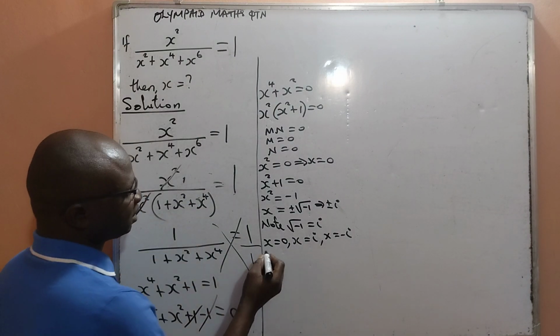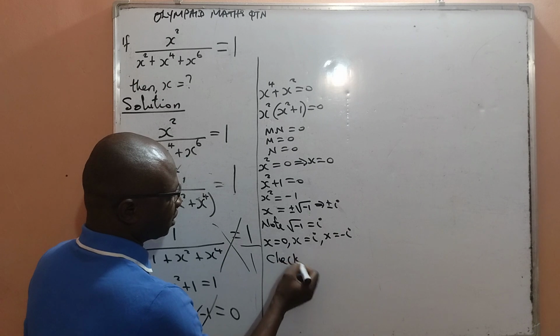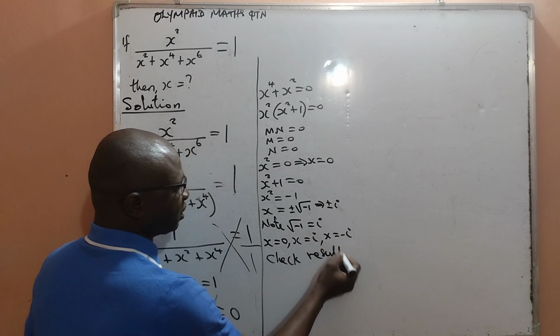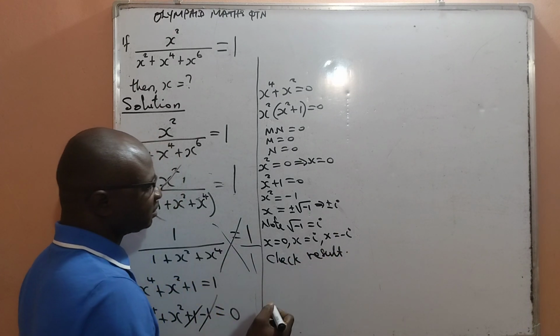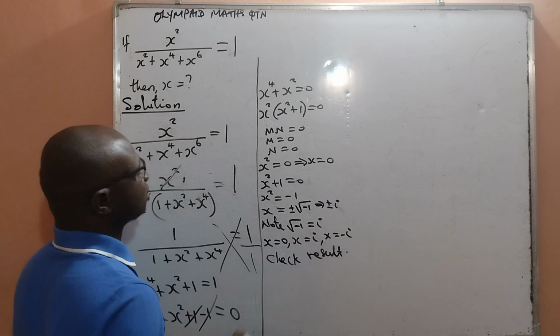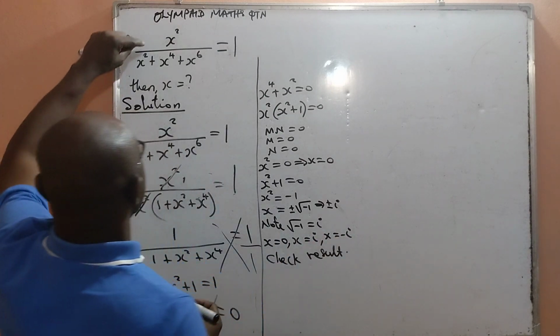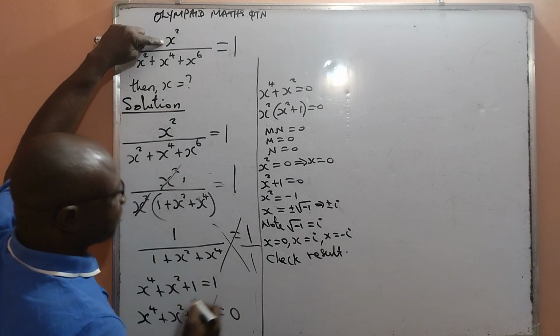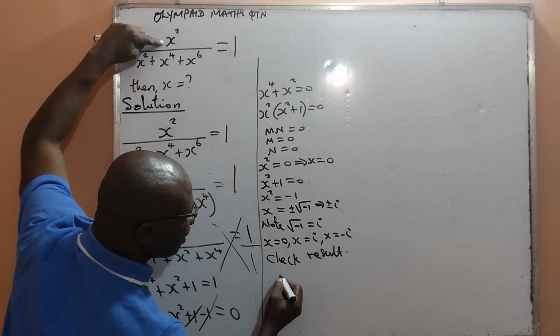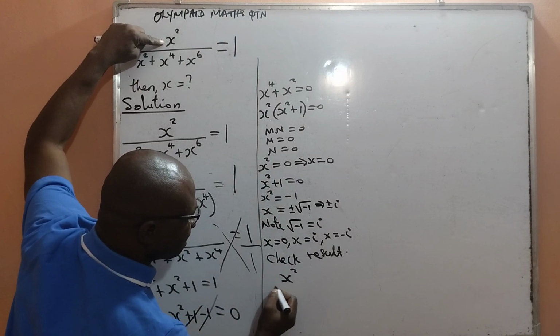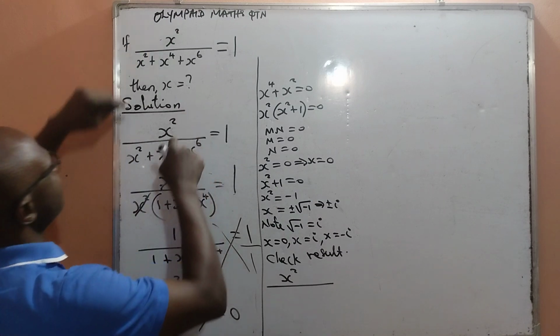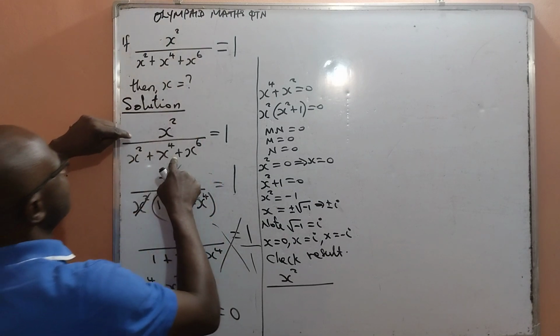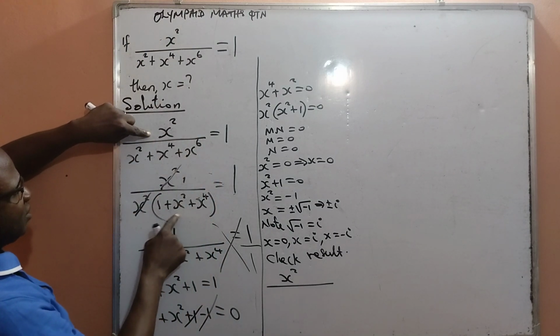To do that, check result. Check result when x is equal to i and when x is equal to negative i. From here, I have x squared all over this, and I factored it to become this.